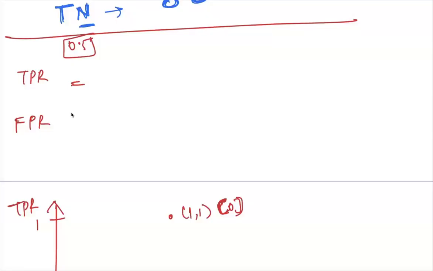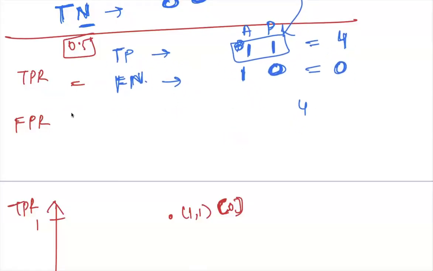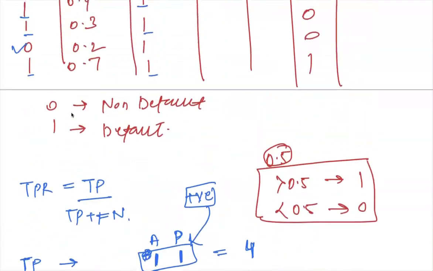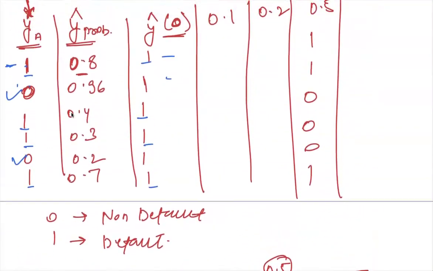Let's see where do we have 1, 1 in our case. Here we have 1, 1, then here we have 1, 1.